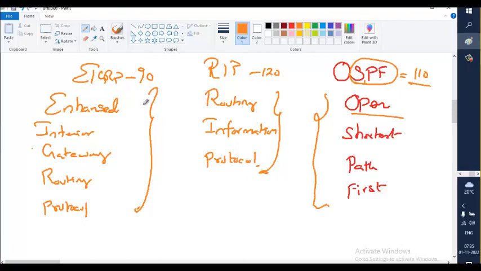You see, when you have all these three protocols on a Cisco router, EIGRP's path recommendation is what is going to be preferred, because the smaller administrative distance is highly preferred. 90, of course, is smaller than 110, and 110 is smaller than 120.